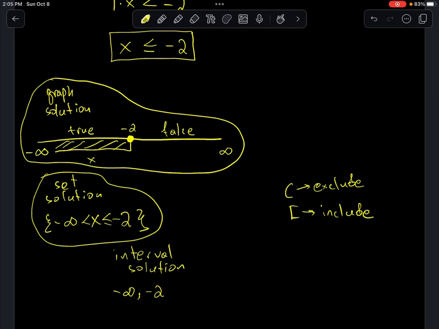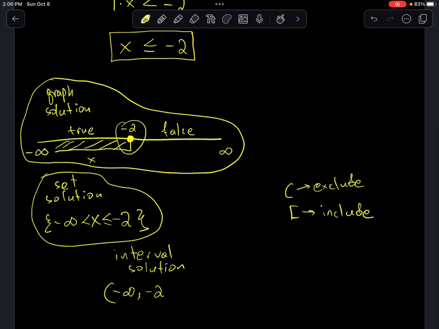Now, can we include infinity? We can't. We can never reach infinity. We emphasize that because there is no equal. So it takes the parenthesis. We can't include infinity to anything. How about negative 2? Well, negative 2 can be included, can be equal to negative 2.